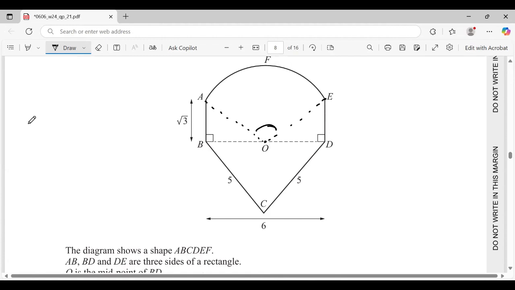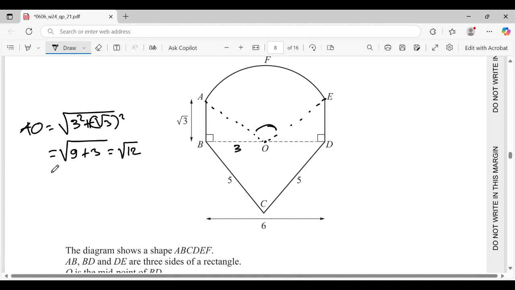AO. AB equals square root 3, and this is 3. Based on the information, this is 6, and O is the midpoint of BD. So it's going to be 3 squared plus square root 3 squared, 9 plus 3, square root 12. It is 2 square root 3.